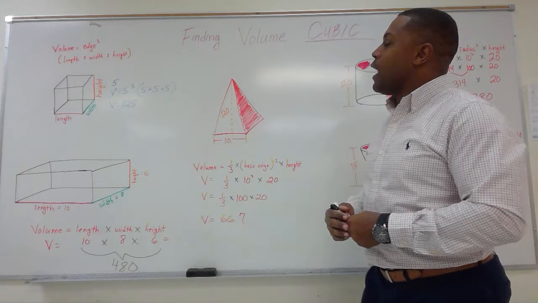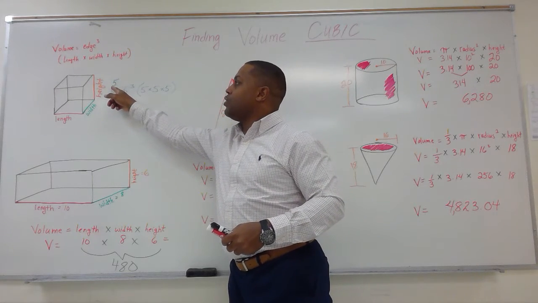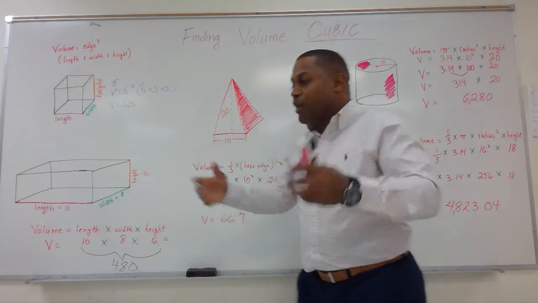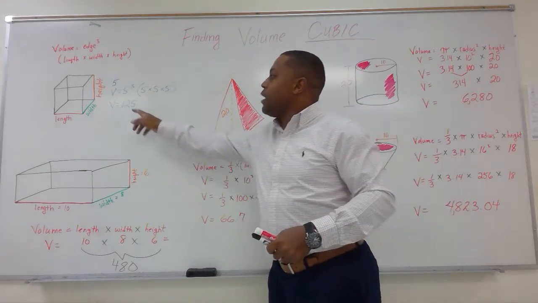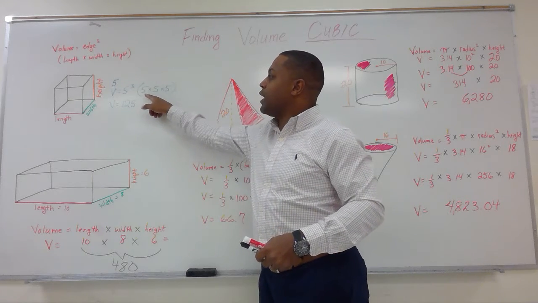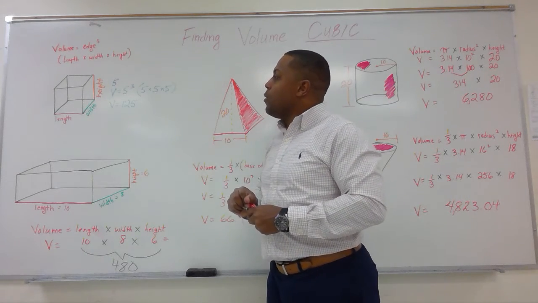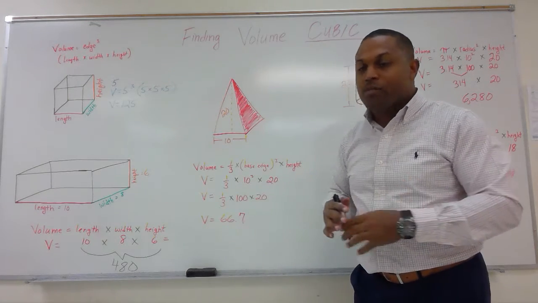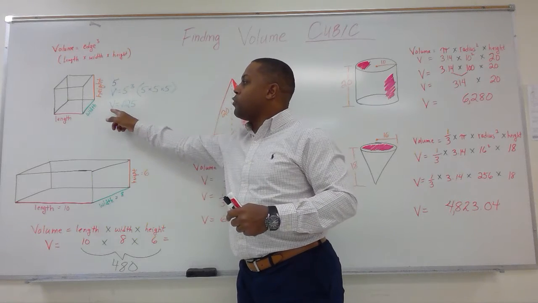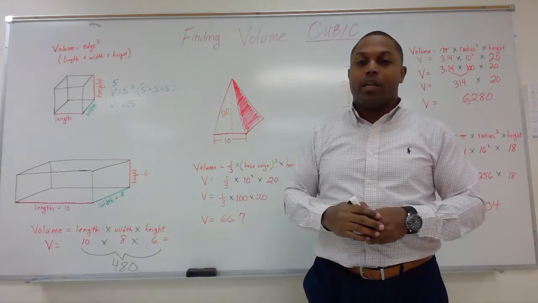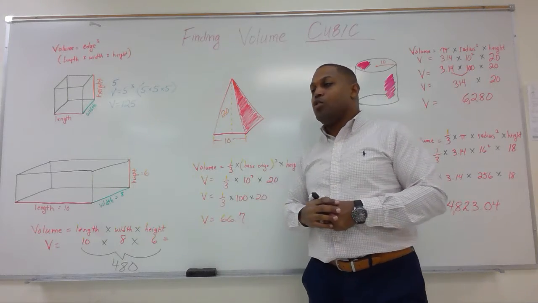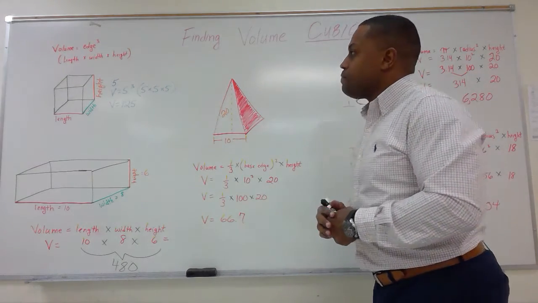I said here that one of these edges is 5, let's say cubic feet. So volume equals 5 to the third power, which is 5 times 5 times 5. If we work that out, we will find that volume equals 125. Again, we said that was feet, so that could be cubic feet.